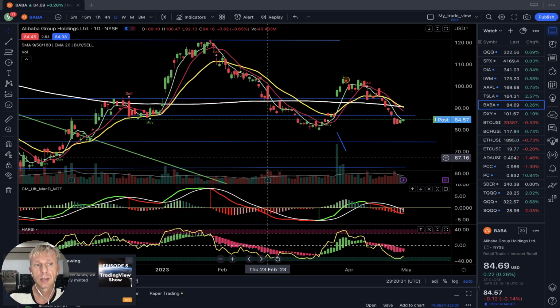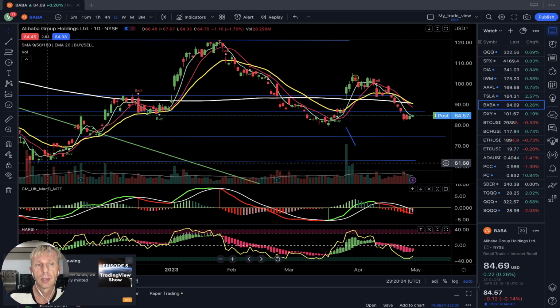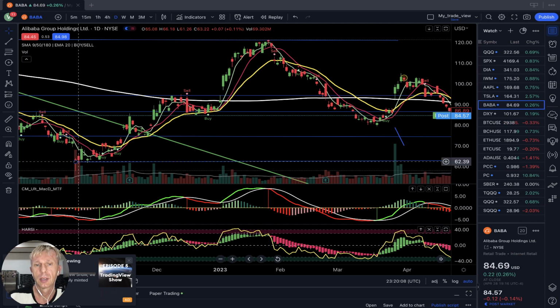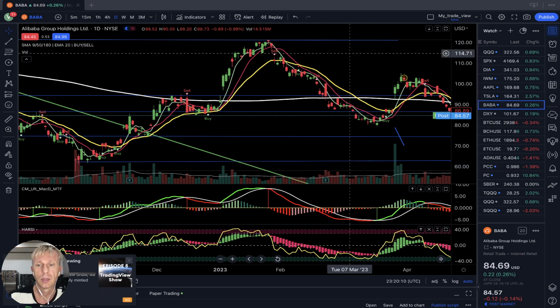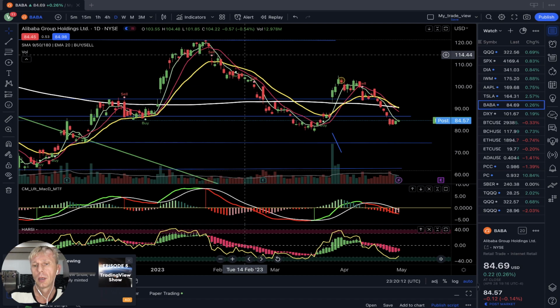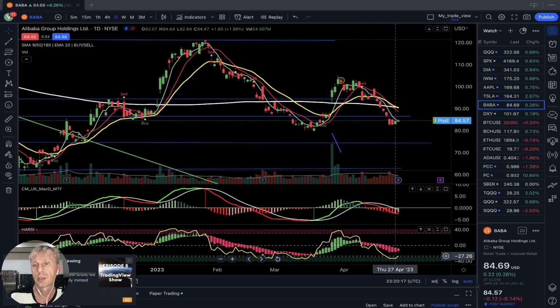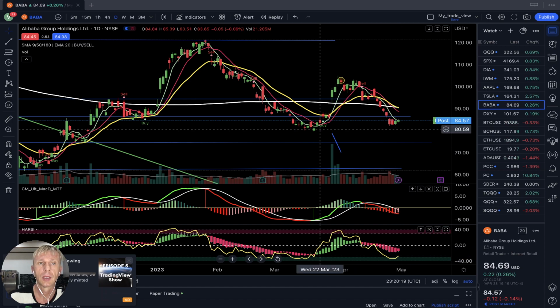In the best case scenario, it should retest this level to make a real double bottom around 60, then bounce from it and go higher. So far, still bearish, oversold on the RSI signal or RSI line.